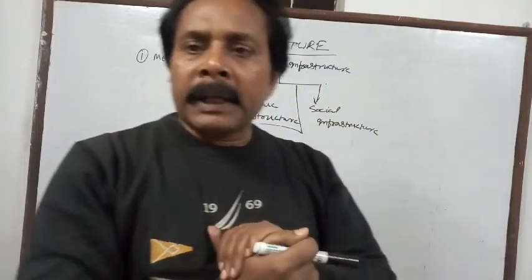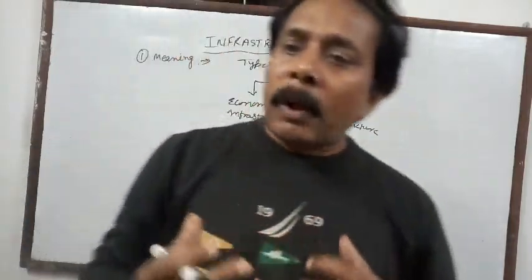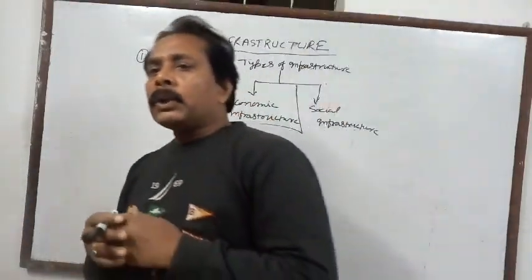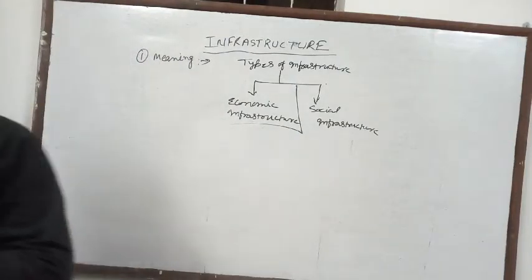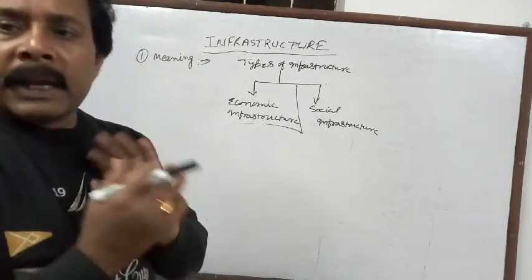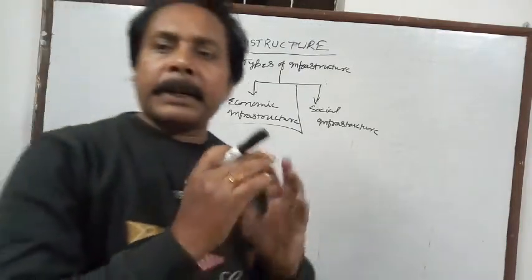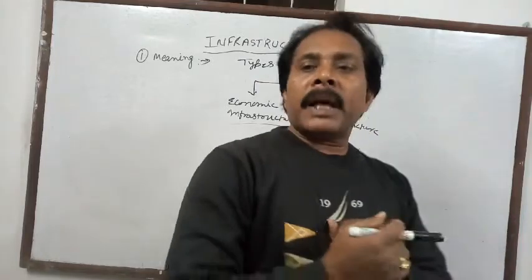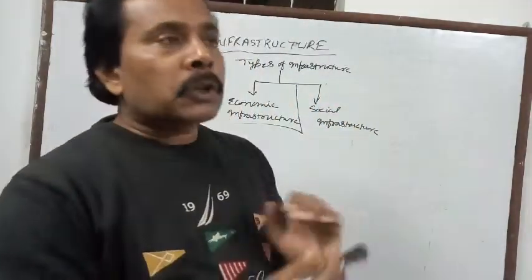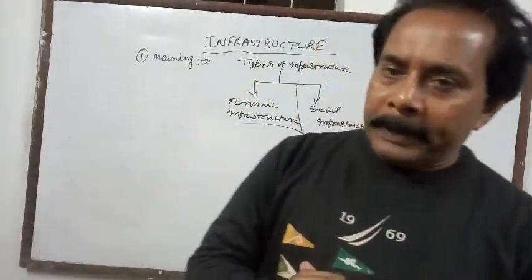Is it clear? It enhances the quality of economic resources and increases the efficiency of physical capital. In other words, you can also say it improves the physical capital stock in the economy. It promotes economic development.